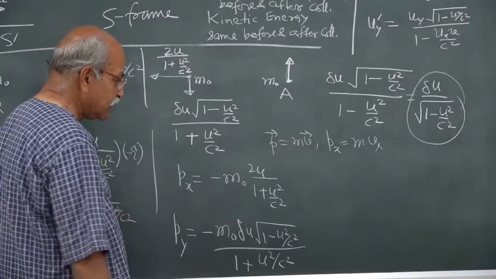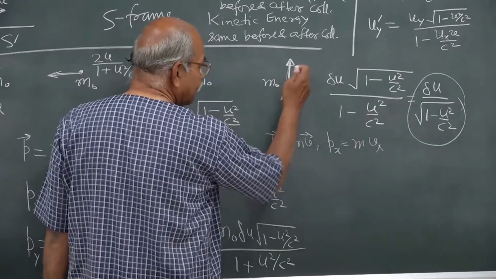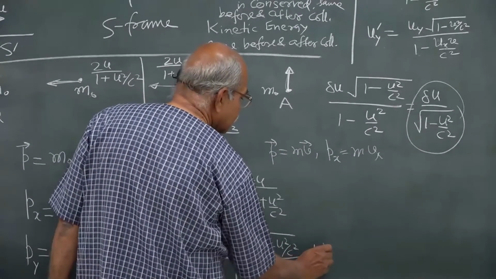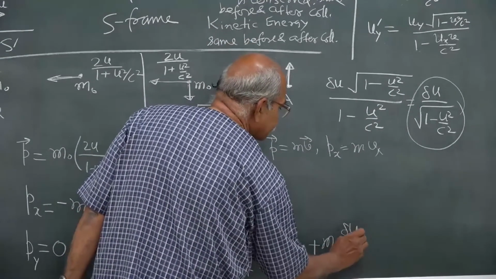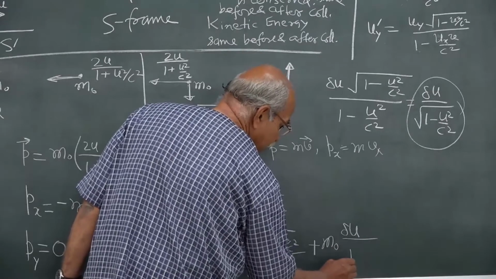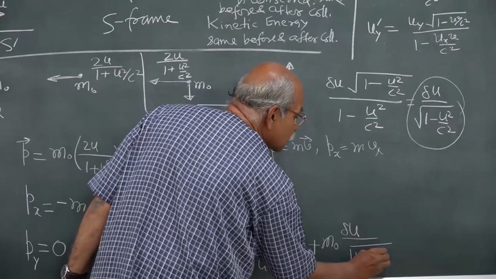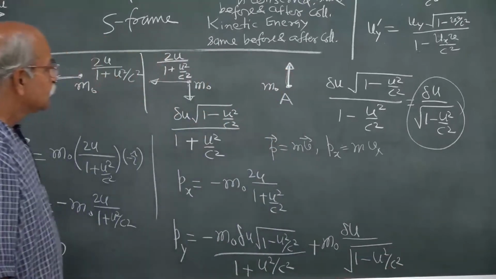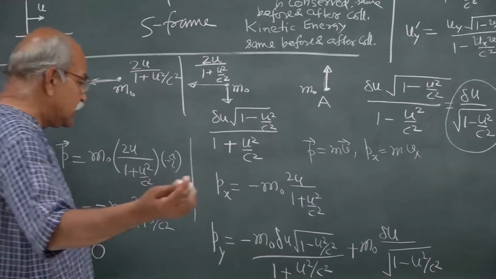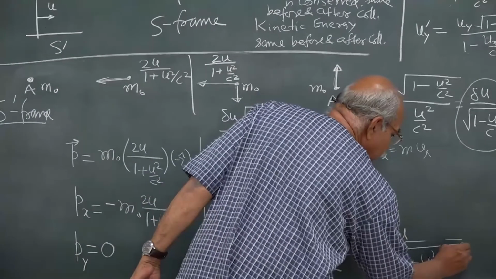This will be py here, and from here py is this, so plus m naught and then this delta u divided by the square root of 1 minus u square by c square here. So you can see that this is not 0.